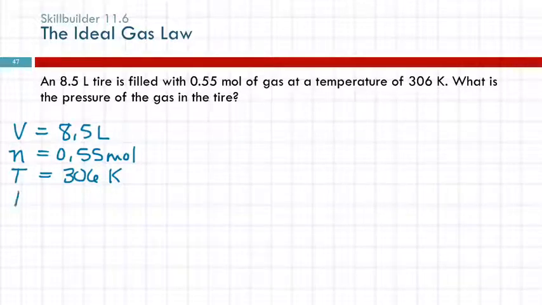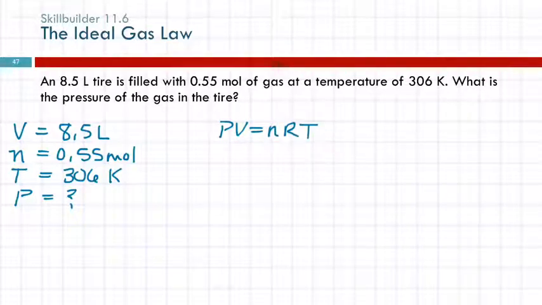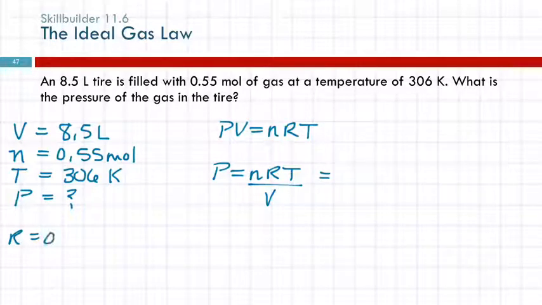And then pressure is what I'm trying to find. PV equals nRT. So the pressure is going to be equal to nRT over V. I need R. R is 0.0821 liters times atmospheres divided by moles times Kelvin.